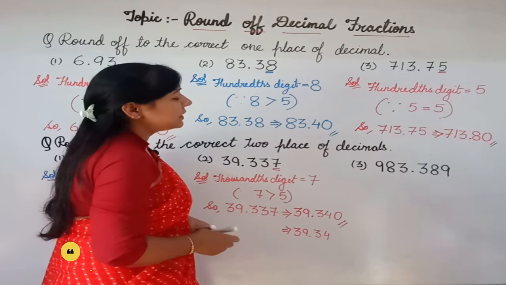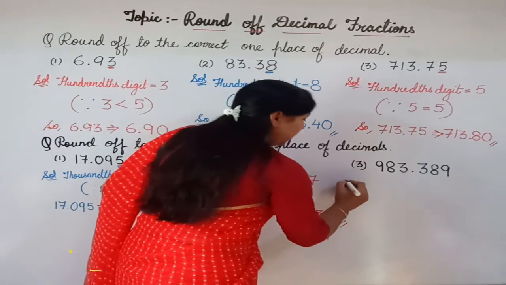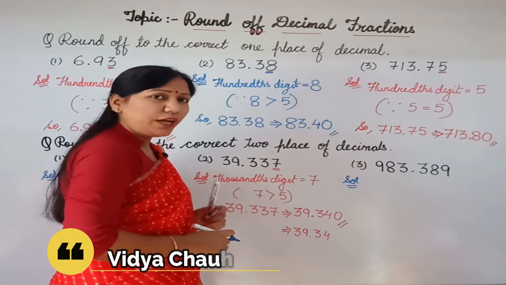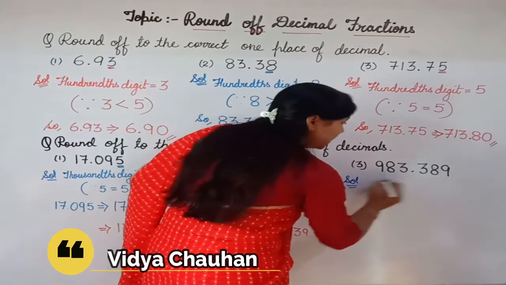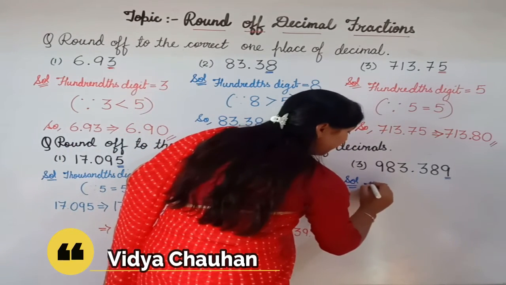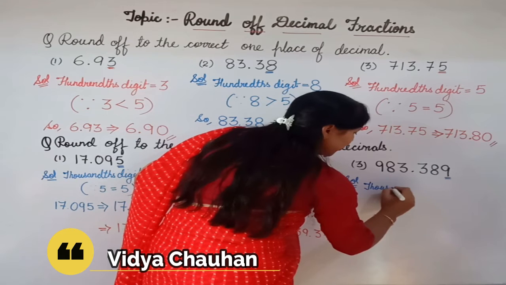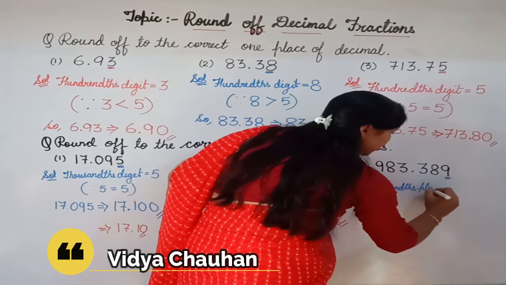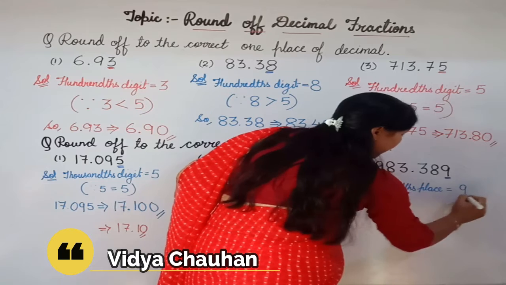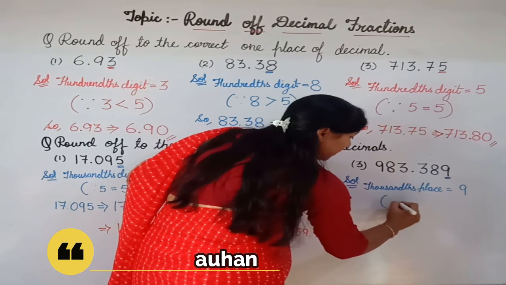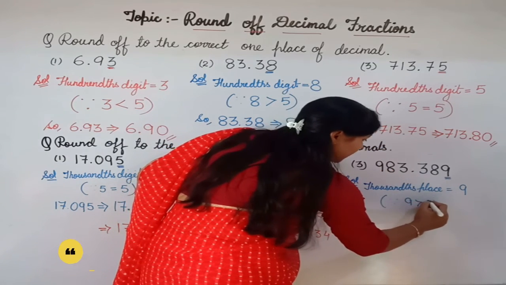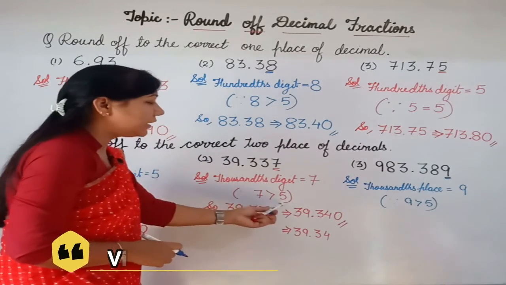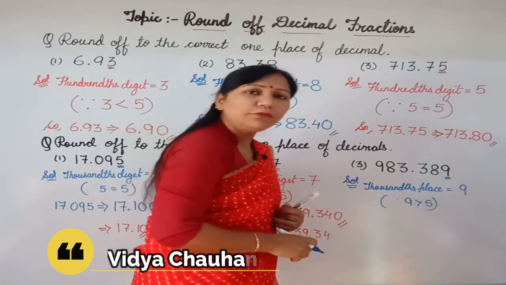Now moving forward to the third part: 983.389. We have to round off this number. Once again, look at the digit at the thousandths place. It is 9, and just like the previous question, 9 is greater than 5. Here 7 was greater than 5, now 9 is greater than 5.